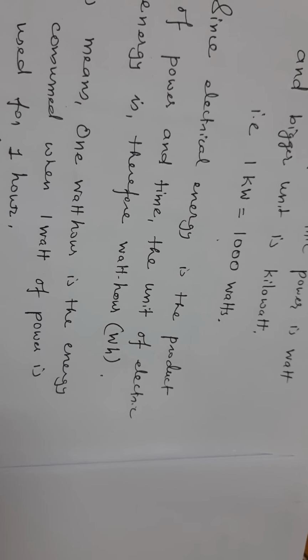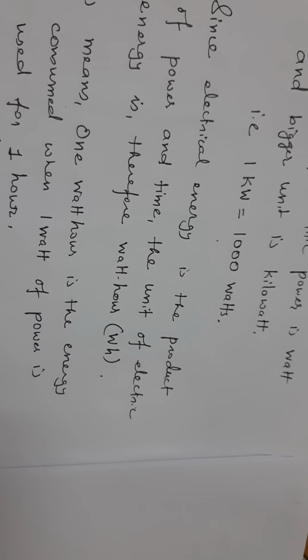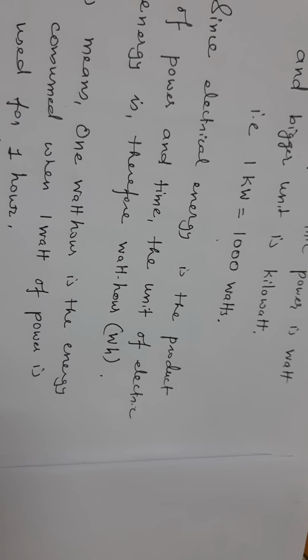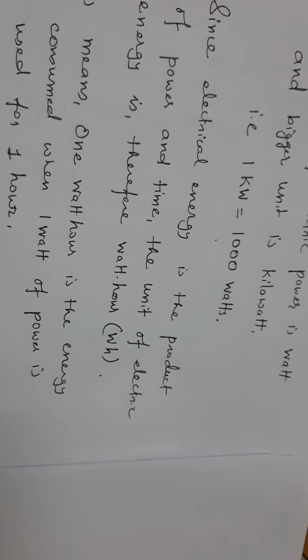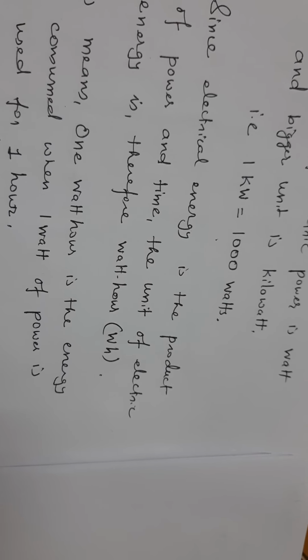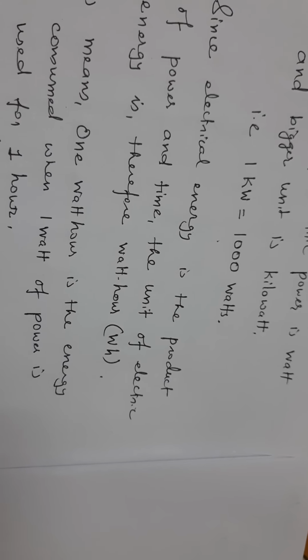Now sometimes for electrical appliances such as an electric motor, when you go to purchase one, it will be in different ratings. It may be half kilowatt, or 1 kilowatt, or maybe 2 kilowatt, depending upon how much power is required, how much force we want to produce using that particular electric motor.